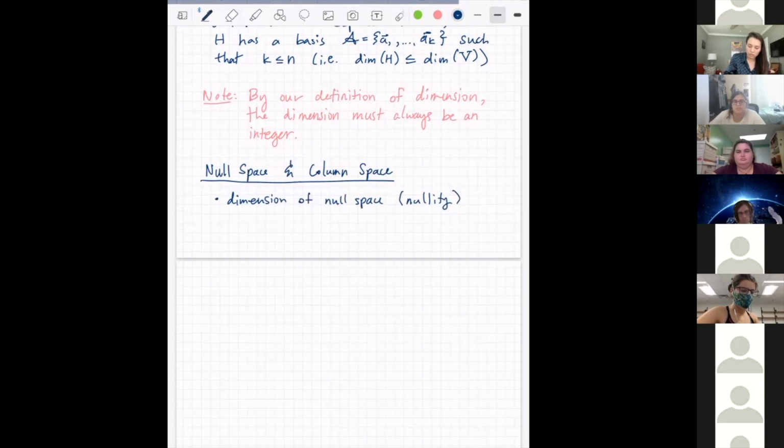of a matrix. So null space and column space of a matrix A, right? This is the number of free variables of the system AX equals 0, right?